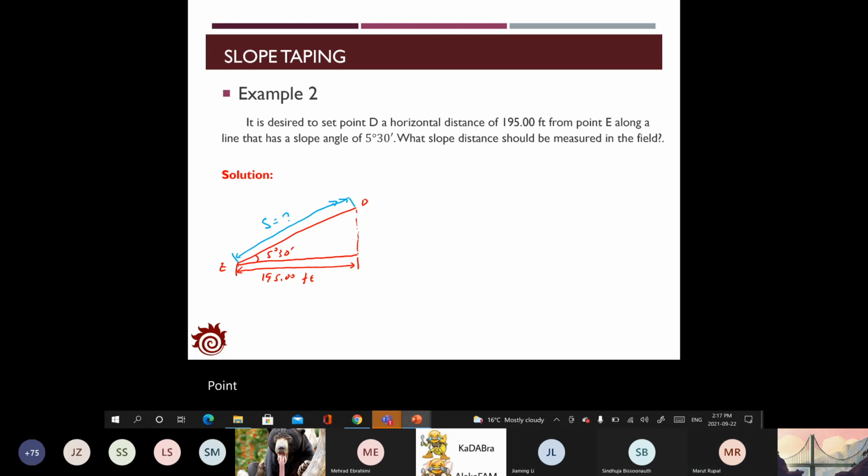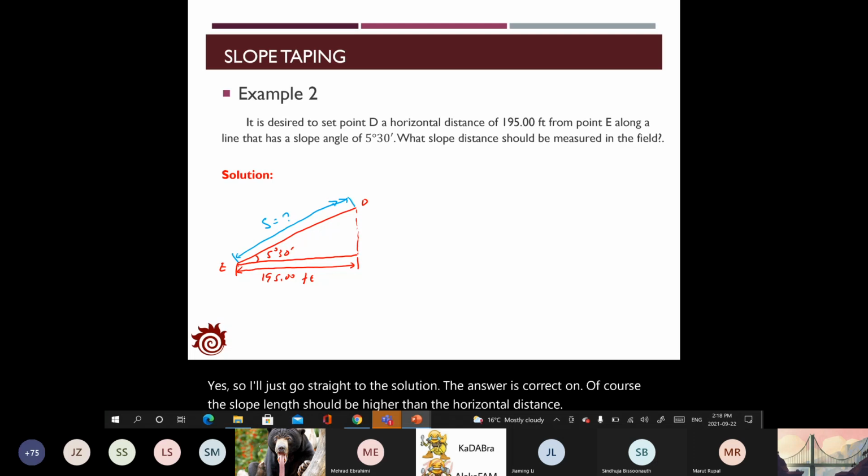195.902 meters. Yes. So I'll just go straight to the solution. The answer is correct. Of course, the slope length should be higher than the horizontal distance.